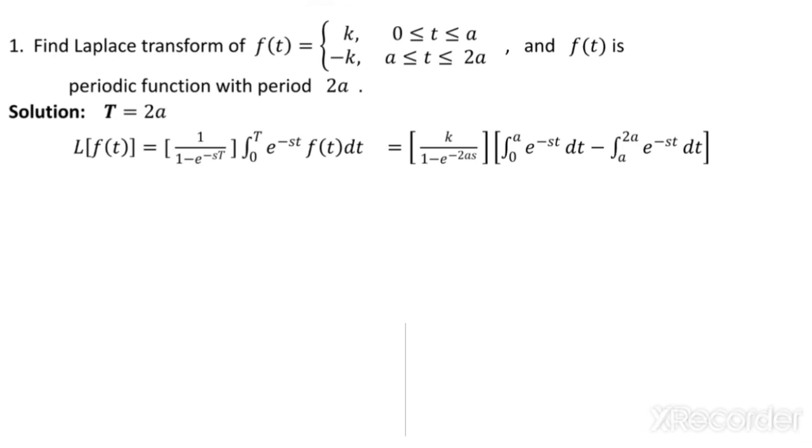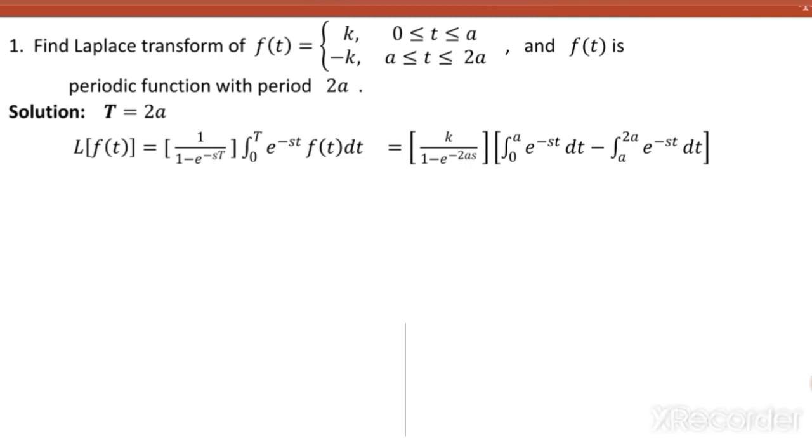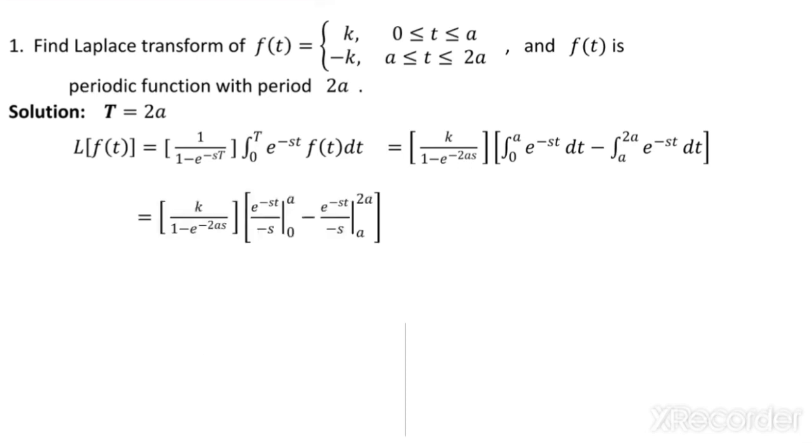Since k is a constant, I can take it out and we can just integrate e power minus st, one between 0 to a, another between a to 2a. So what is the integral of e power minus st? It is simple. Integrate it: e power minus st by minus s, and apply the limits, upper limit minus lower limit.